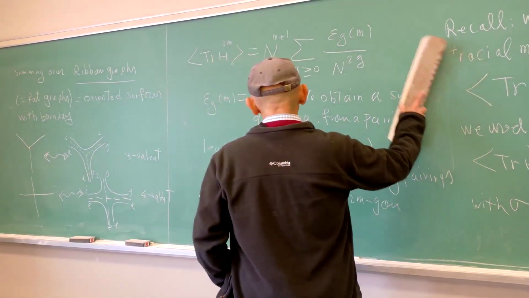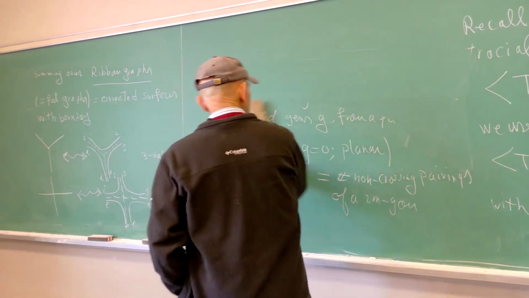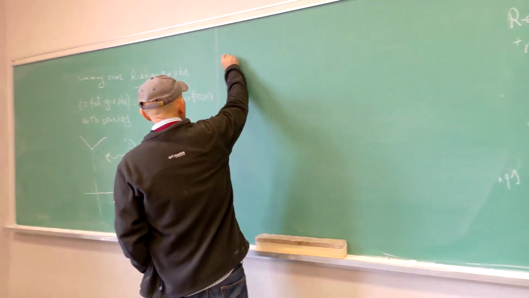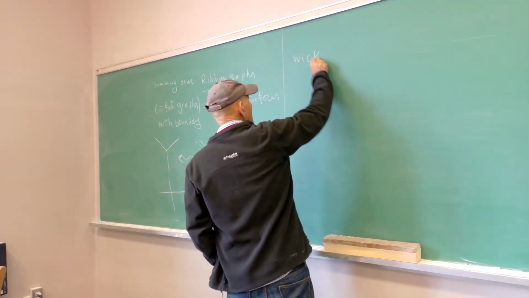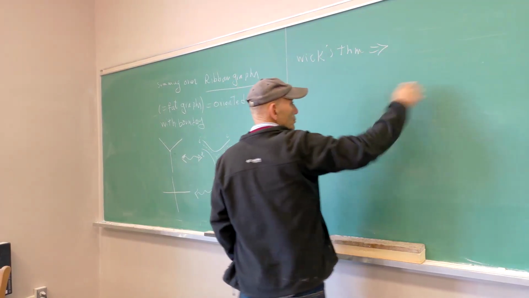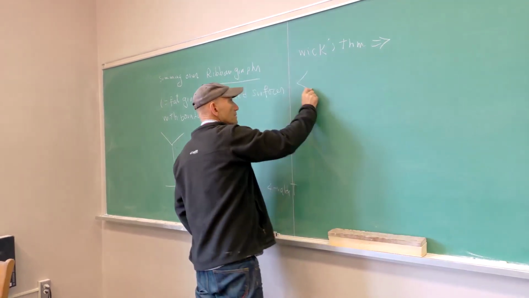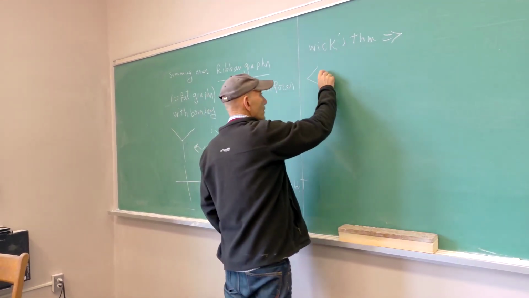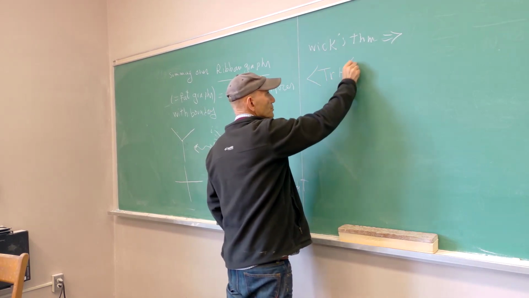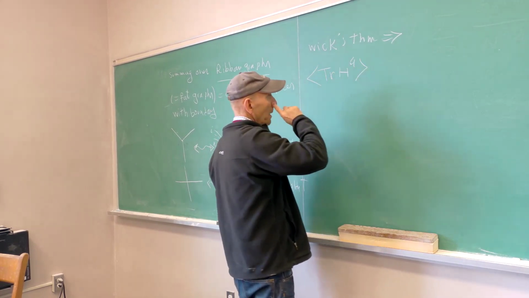So let me now write Wick's theorem, as we used also over there. Now imagine we want to compute something like this. I want to compute the trace of H4.